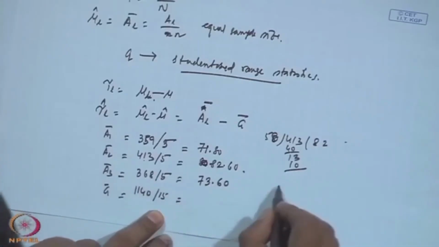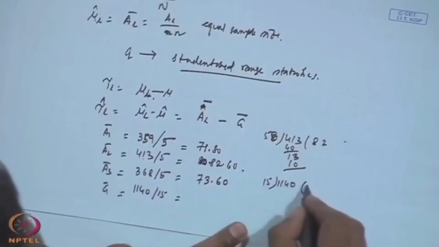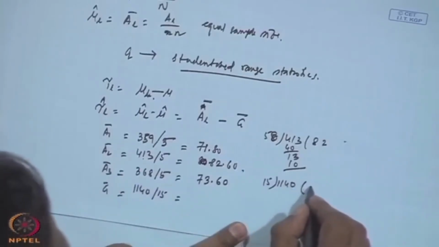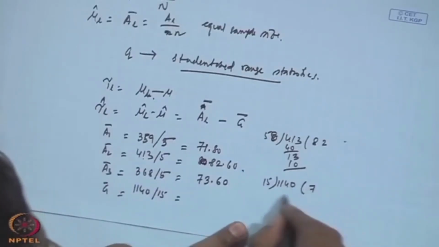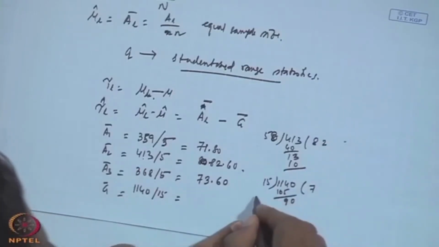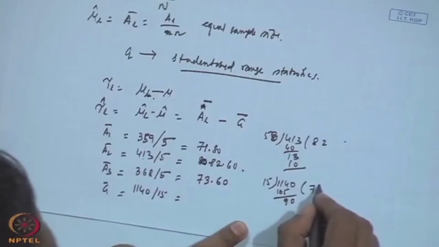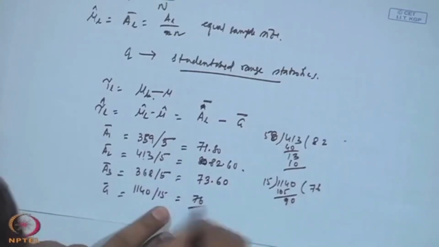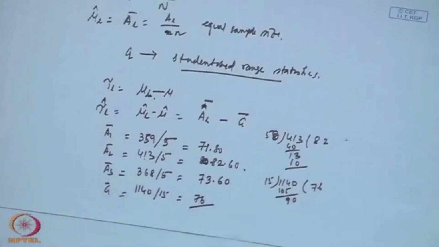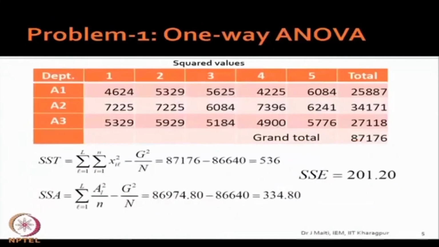And this will be 1140 by 15. So 15 into 7 is 105, then 90, 15 into 6, 76.